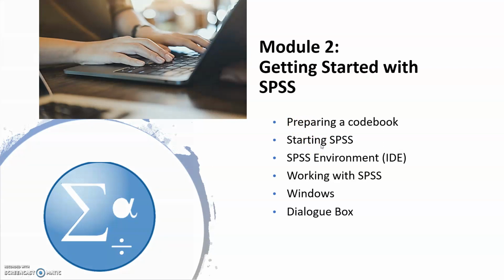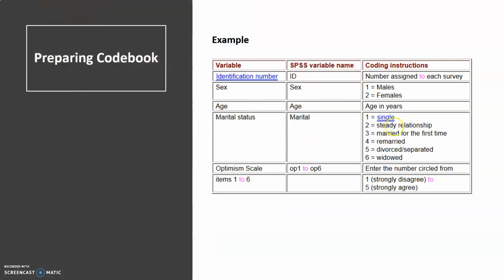Okay, so this is an example of what we are going to enter. We have 1, 2, 3, 4, 5, 6 variables with the specification of the data. In this data we will do data entry and data coding.